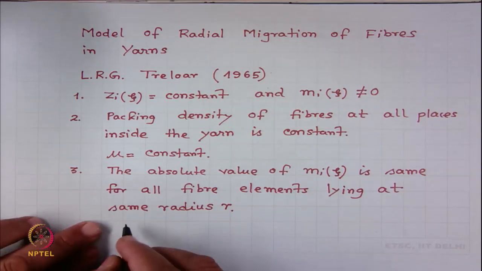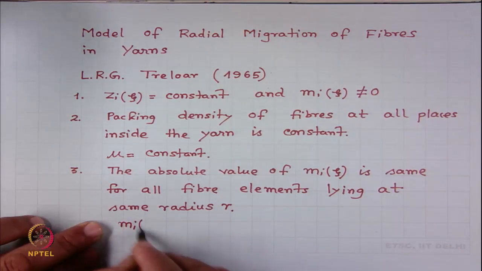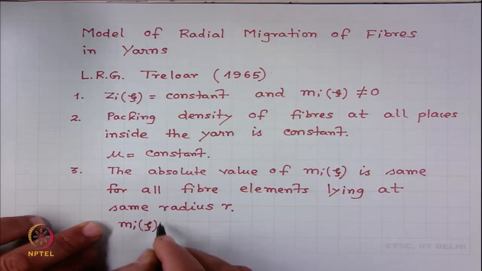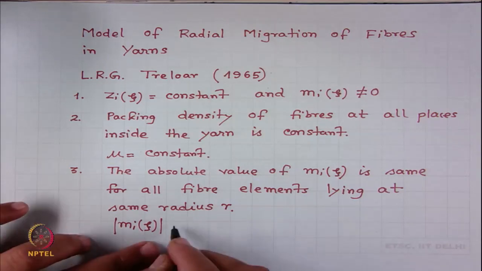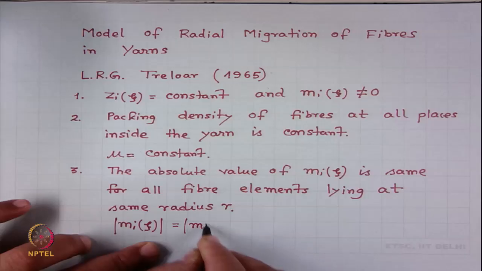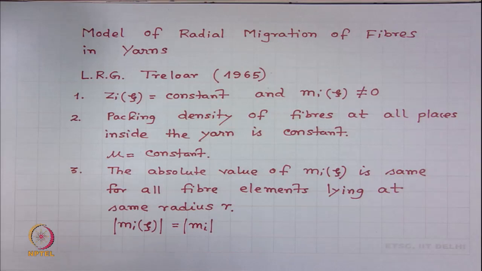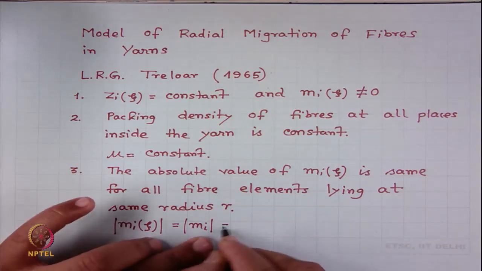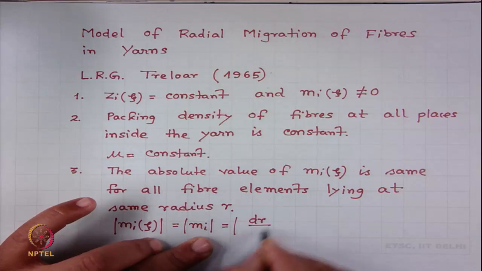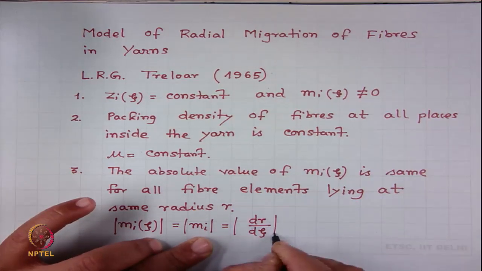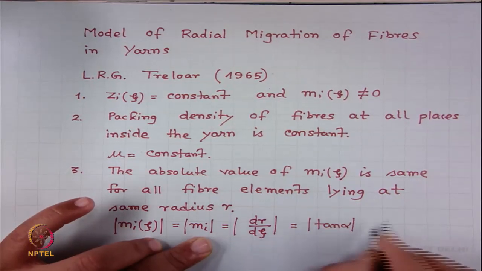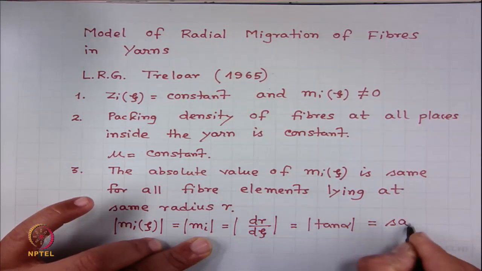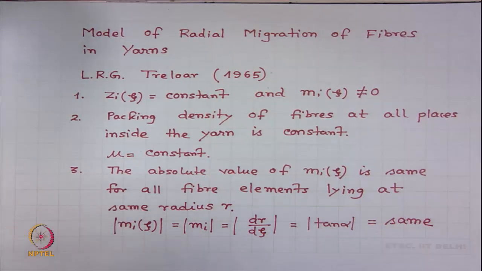Mathematically, this function, its absolute value, is the same for all fibers in the yarn.